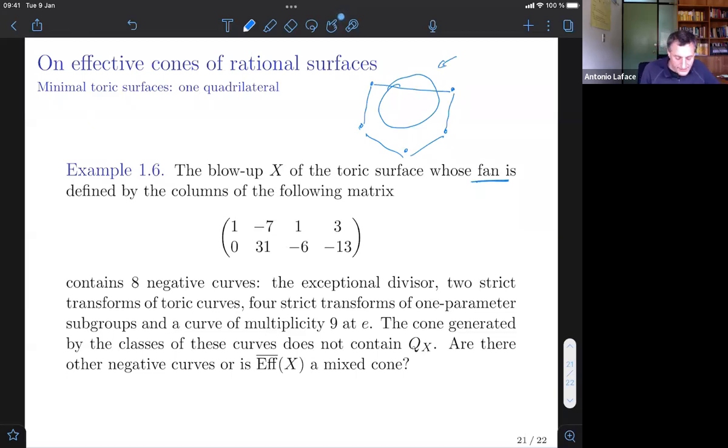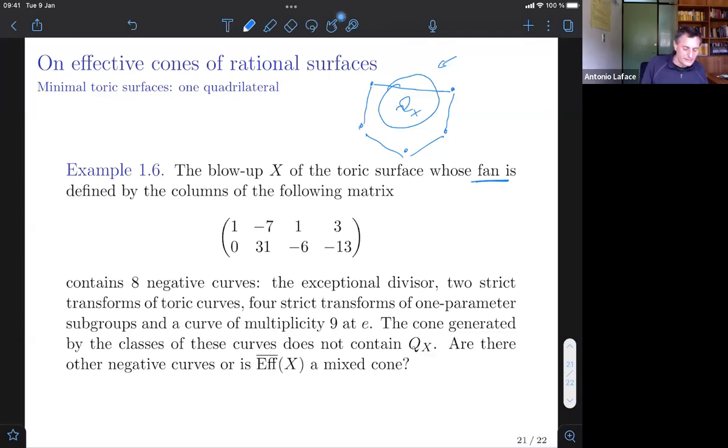So one reason for studying this example is the fact that this Q of X is a circular cone, and on the boundary of Q of X there are no rational points.